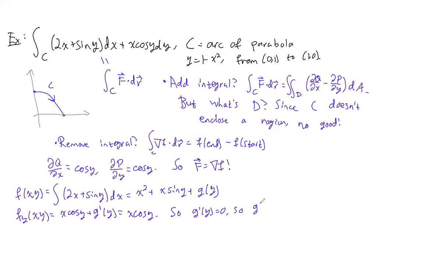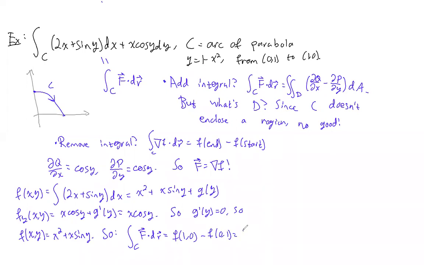In other words, we can assume that f(x, y) is x squared plus x sine y. So the integral over C of our vector field dot dr is the same thing as f of the endpoint, (1, 0), minus f of the start point, (0, 1).